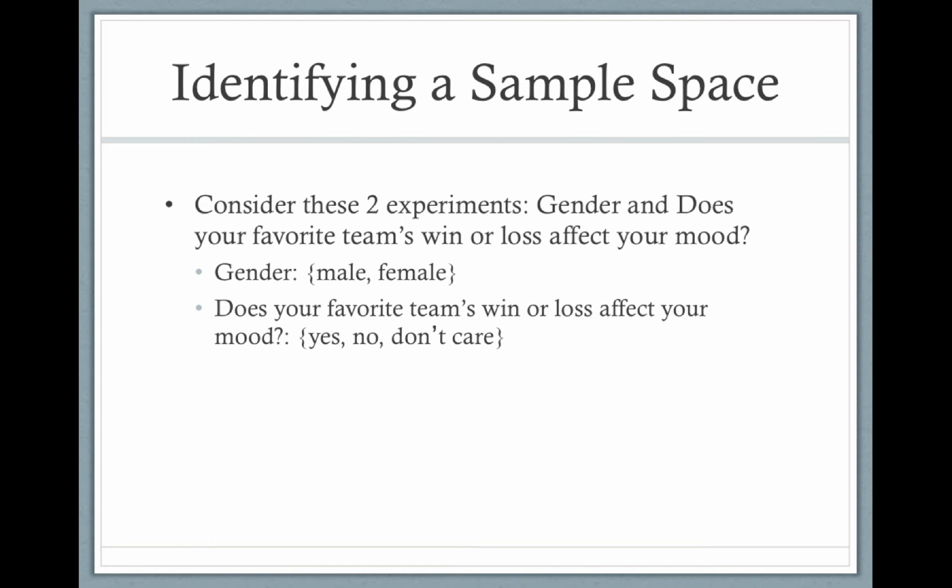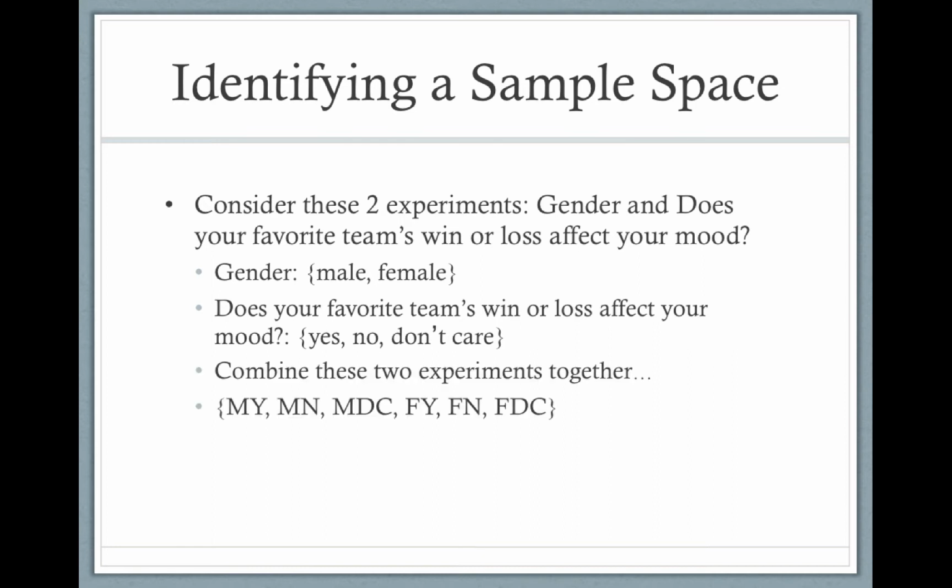All right, so what happens when we put these two experiments together? Well, we end up with this first one here, MY. Who is that? That's a male that says yes. So we attach male to the team option of yes. Well, there's still 2 more team options if we're holding on to male. And so you see the next one is a male no. And then the third one is a male doesn't care.